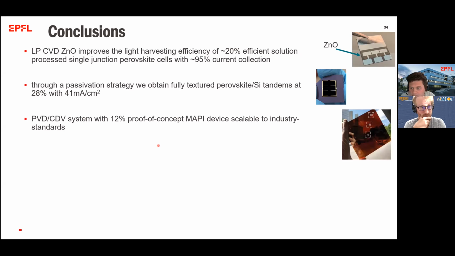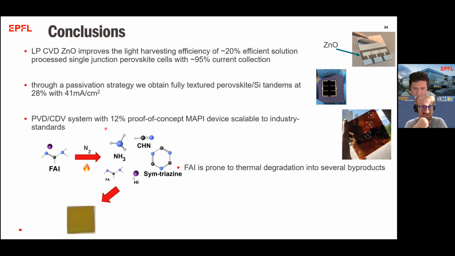And in the last step, I've shown you a PVD-CVD system that we use in order to scale up the processes that we initially developed. And we managed to get large sizes and, well, let's call them mediocre proof of concept efficiencies with methylammonium lead iodide.